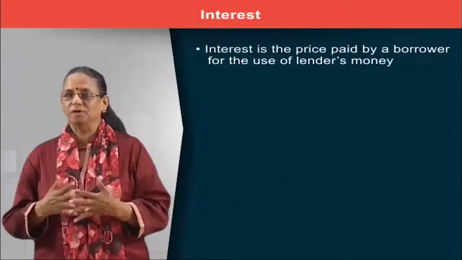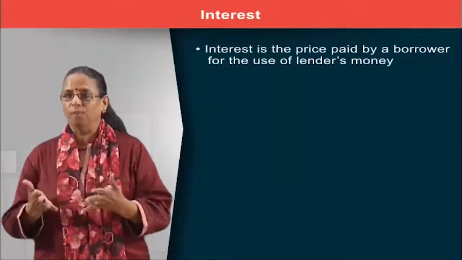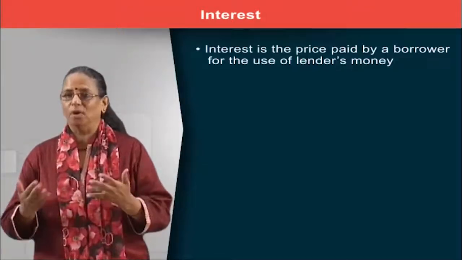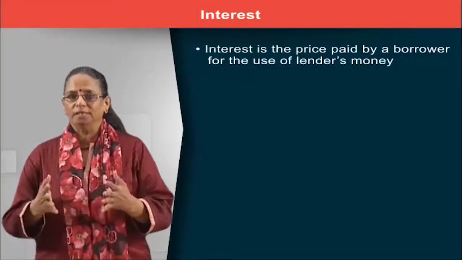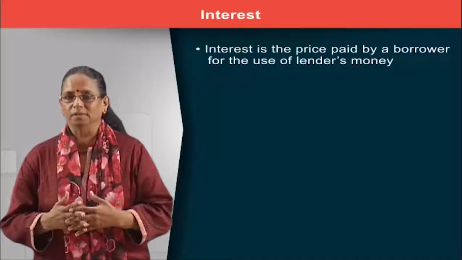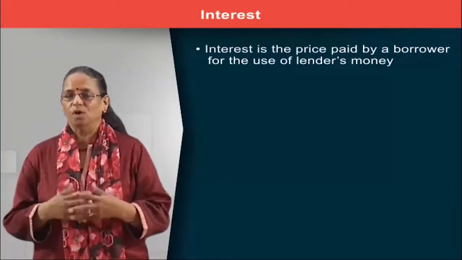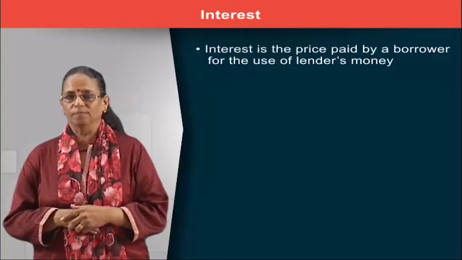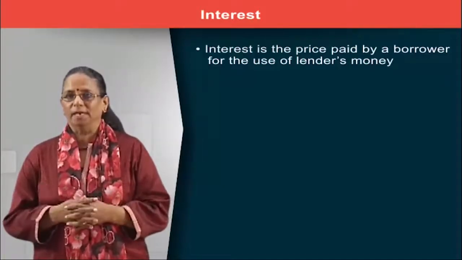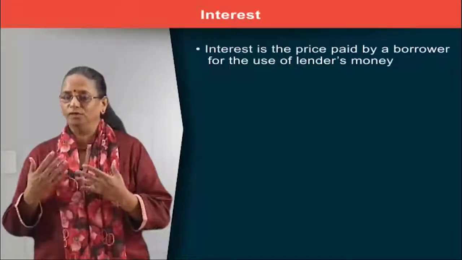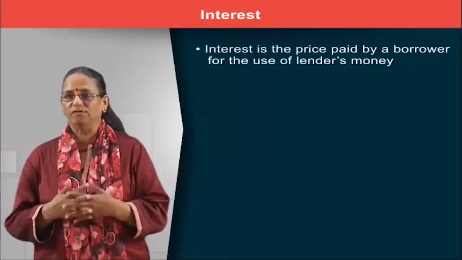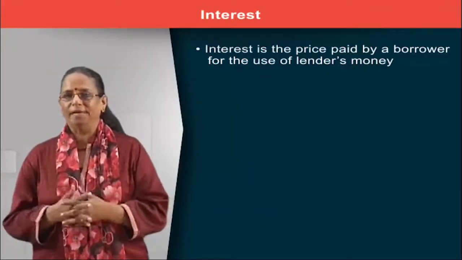What is interest? Interest is the extra money that we pay for borrowing the money or the amount that we need. The money that is borrowed is called principal. Many a time when we want to start a business or renovate a house, we need some extra money. That money we do not have with us, so we borrow it from a bank or from a lender.